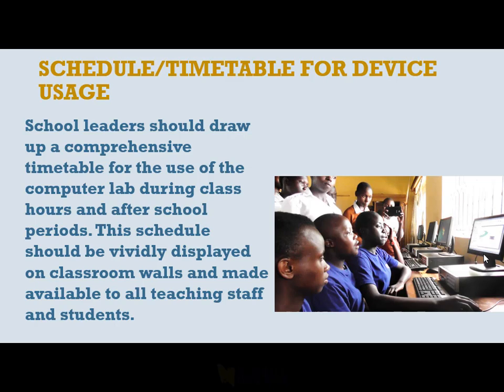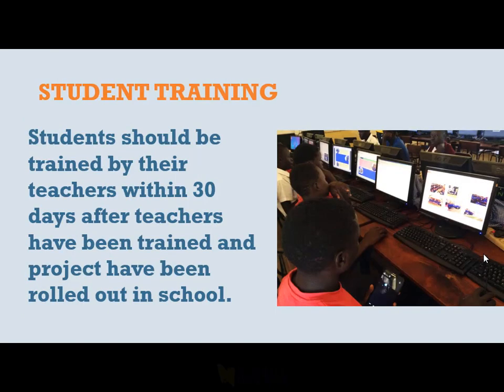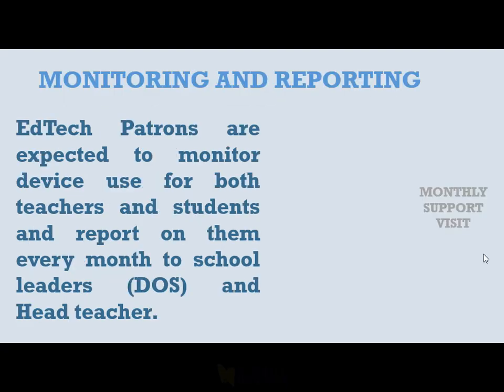School leaders should draw up a comprehensive timetable for the use of the computer lab during class hours and after school. The schedule should be vividly displayed on classroom walls and made available to all teaching staff and the students. And so support student learning, support clubs, which should continue all the time in every school, and also have monitoring and reporting.